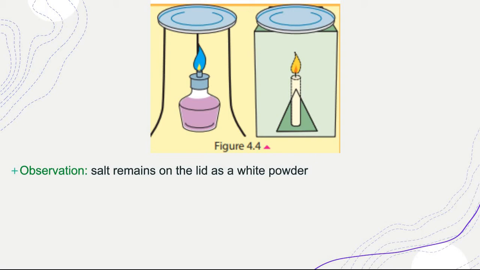So this is somewhat also not very much tested at your level since you all are still small. But remember, it's best to write a white colored powder remains on the lid once water is evaporated. As the conclusion, you can write salt remains on the lid as a white powder.